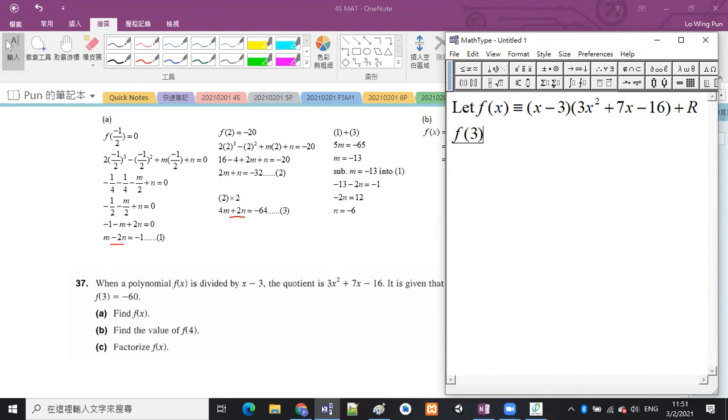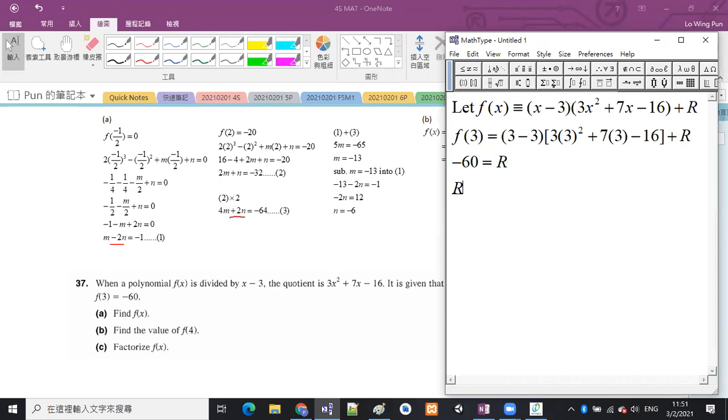From our equation, it is equal to 3 minus 3 times 3 squared plus 7 times 3 minus 16, plus r, right? But the left hand side is f(3), so that should be equal to -60. It is given. The right hand side is simplified to be just r.